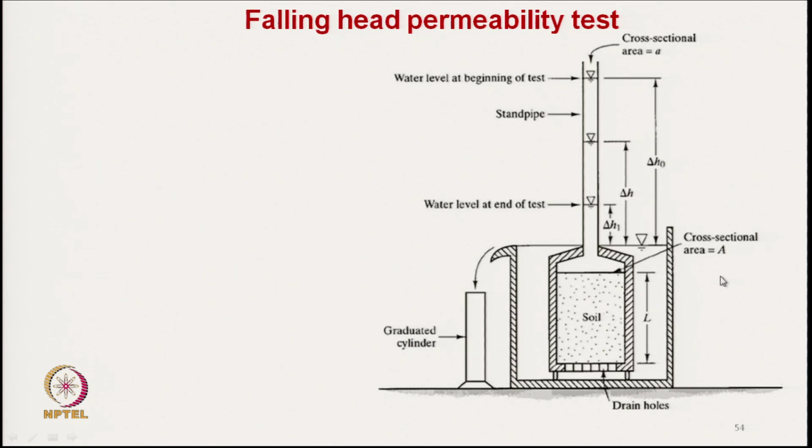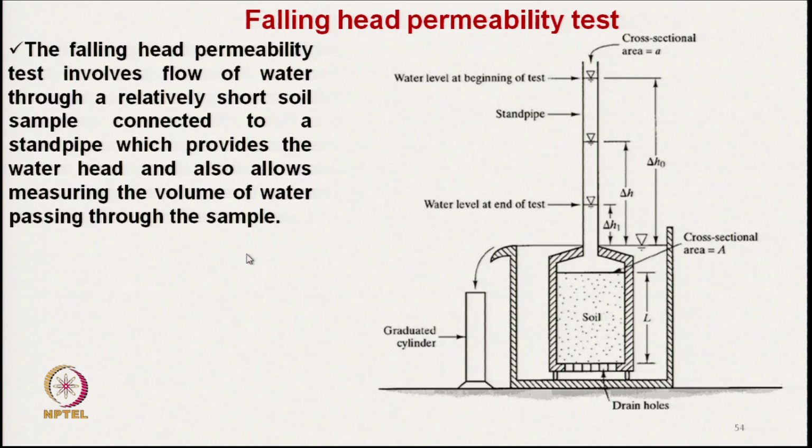The geotextile is placed, and with the falling head we can calculate the permeability, and water is collected here in a cylinder. Initially the water level is at this point, so height is H0, and the final water level at the end of the test is H1.